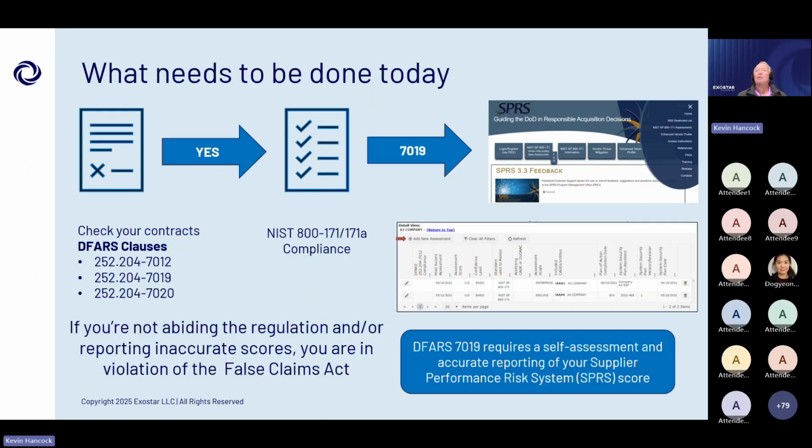I totaled all that up and I enter that score into the Supplier Performance Risk System. This is a system from the DoD and only the DoD has access to it, which uses a number of different metrics to provide that supplier performance risk score. One of the inputs into that overall score is how compliant you are with cybersecurity controls that are in effect.